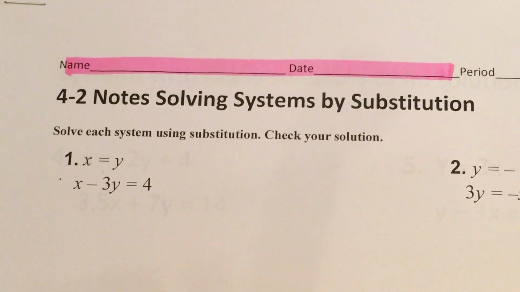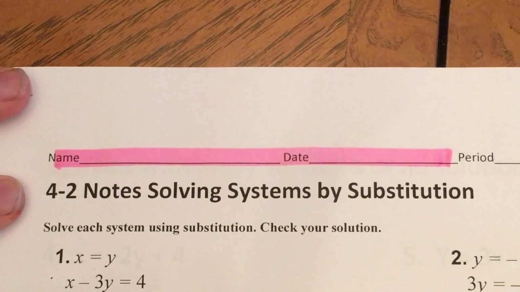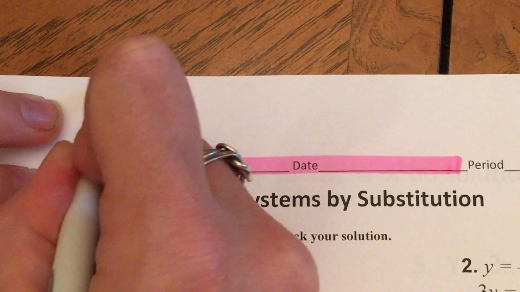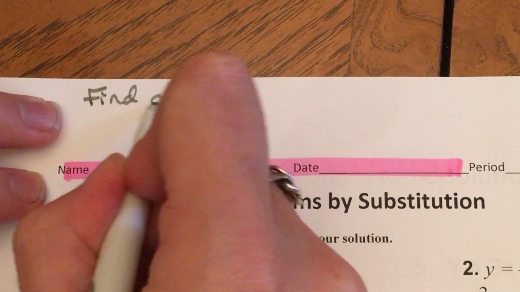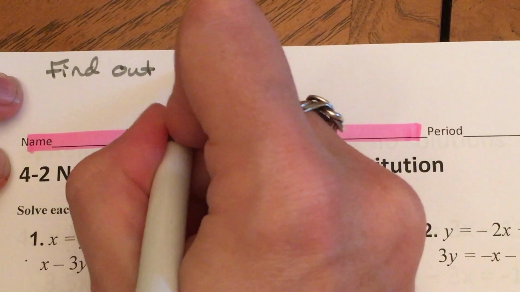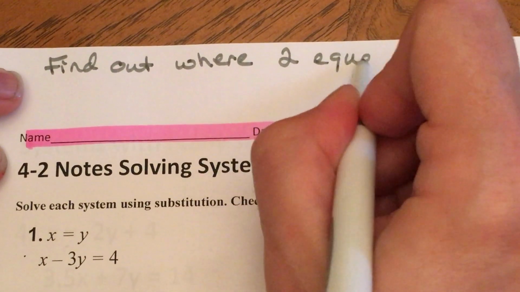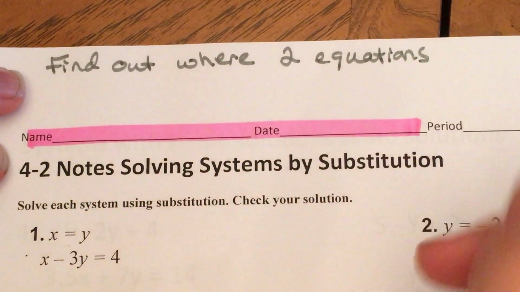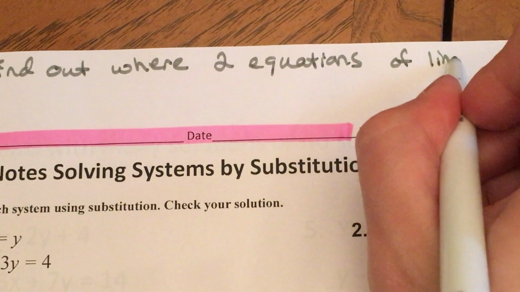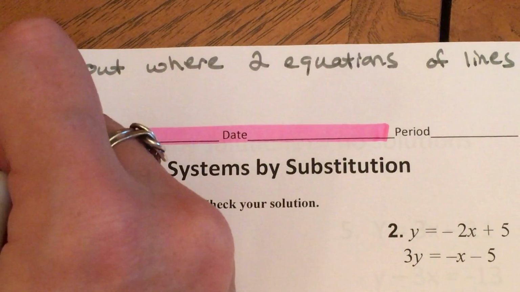So let's write on the top of your paper what our goal is for today and what we're trying to accomplish. So we are going to find out where 2 equations of lines intersect.